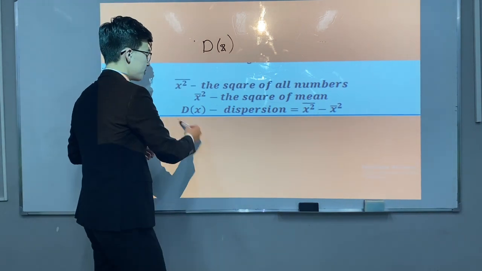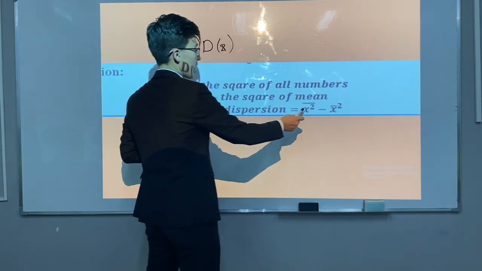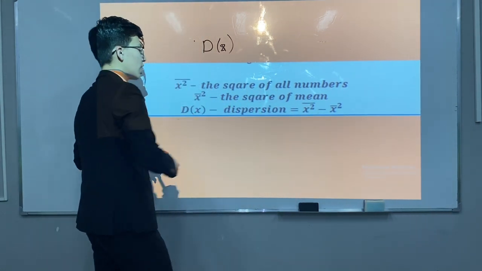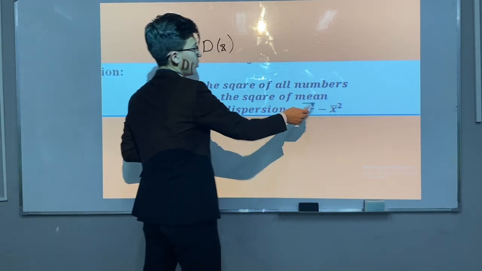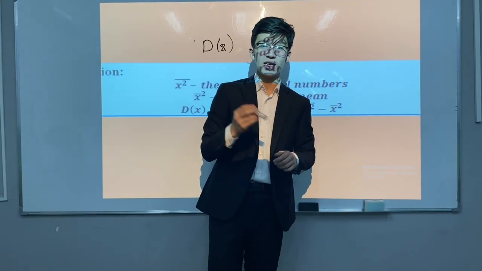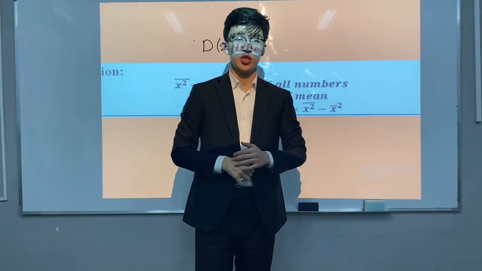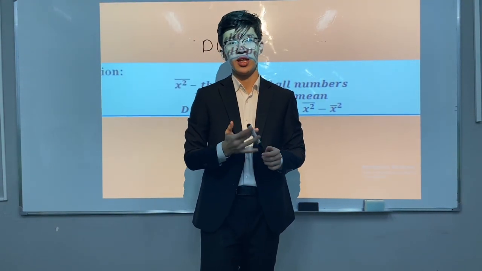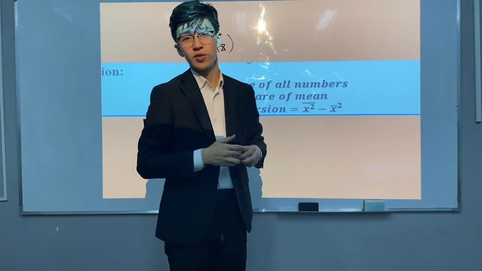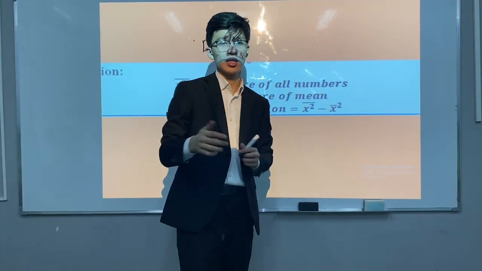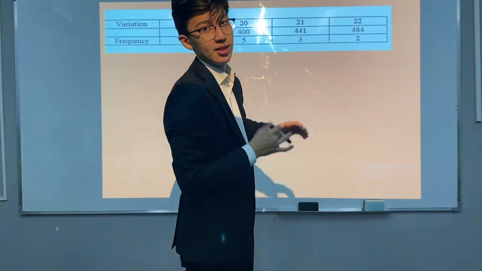To find the dispersion, we have to subtract from the mean of the squares of all numbers the square of the mean, as we know, the square of the average value of our set of data. Here, let's consider some examples to better understand what the dispersion is.